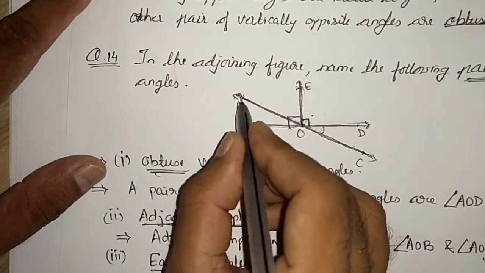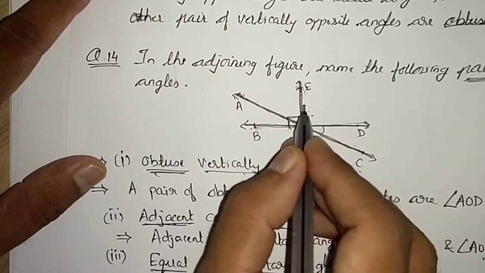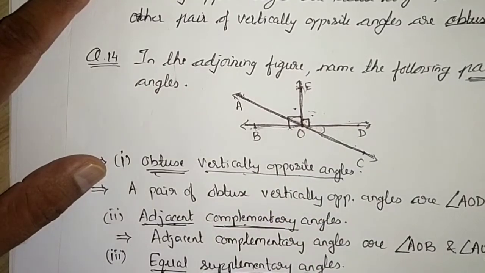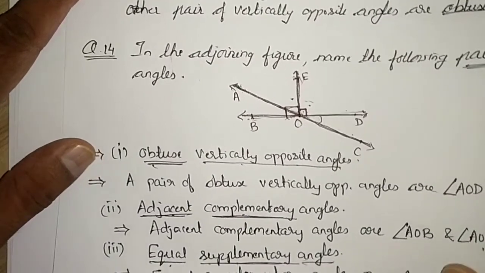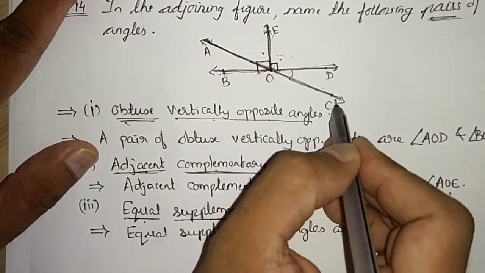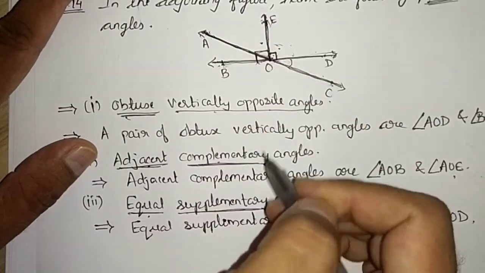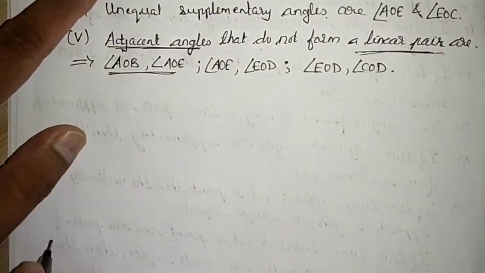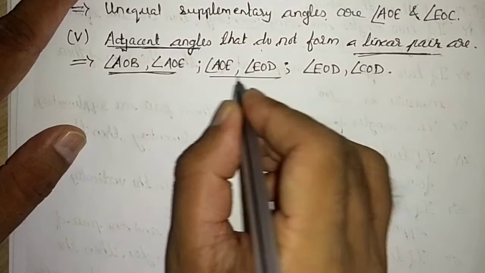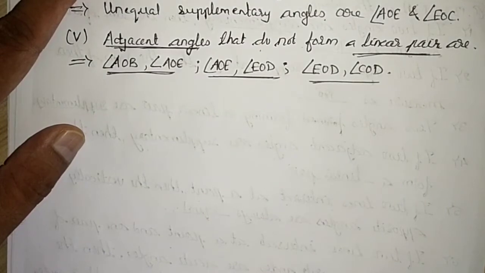Same way, AOE and EOD are adjacent angles, but not a linear pair. And lastly, EOD and COD are also adjacent angles and not a linear pair. So there are three such pairs: AOB and AOE, AOE and EOD, and EOD and COD.